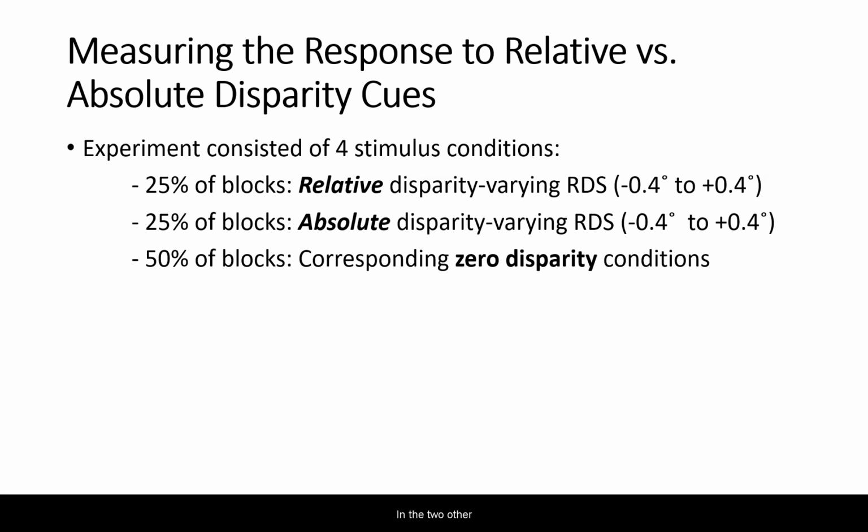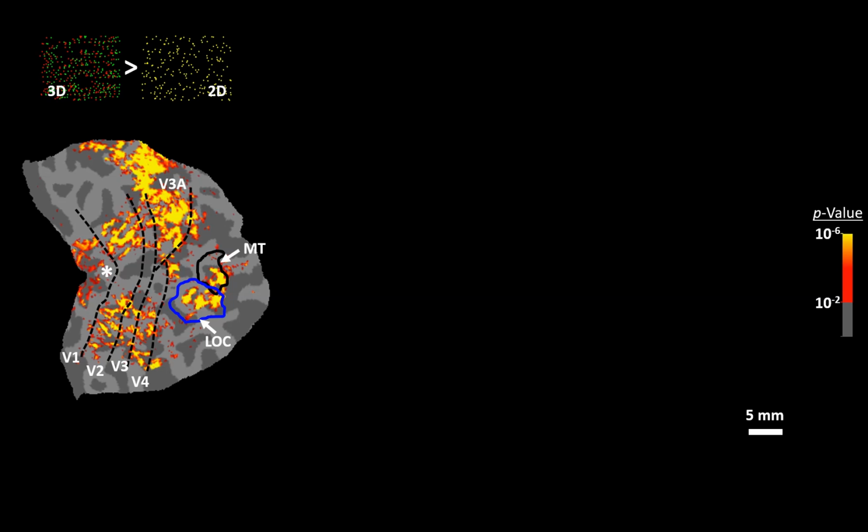In the other 2 block types, we presented the corresponding zero disparity conditions for these stimuli. Here you can see the location of those cortical sites that show a significantly stronger response to 3D versus 2D stimuli in one subject. Red to yellow colors indicate p-values from 10^-2 to 10^-6.